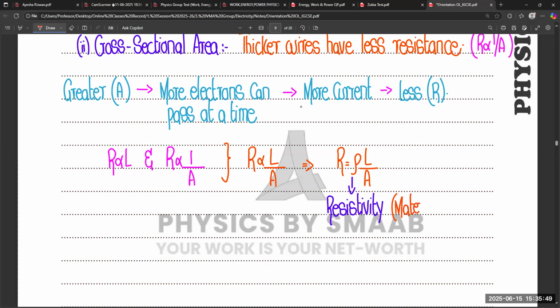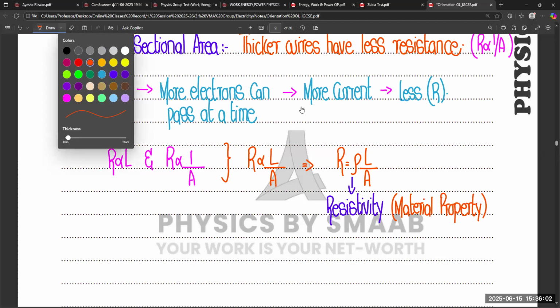It is a material property and it is affected by the temperature.